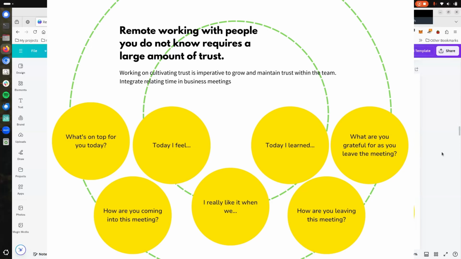Remote working with people requires a load of trust, really a lot. And I find that most issues in the CoLab that we find is that there's a lack of trust or not enough exercises to bring in people who are not used to working remotely.